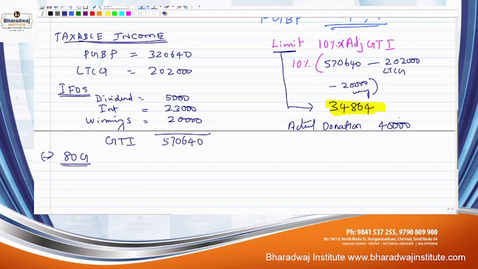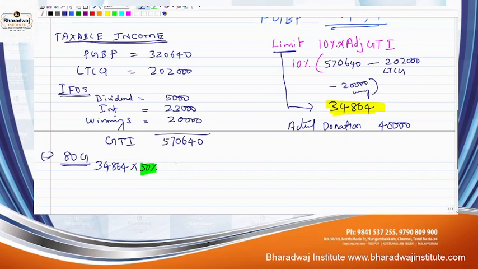Actual donation is 40,000. So which one will you take? The limit, into 50%. Why into 50%? Because it comes with the limit, 50%.